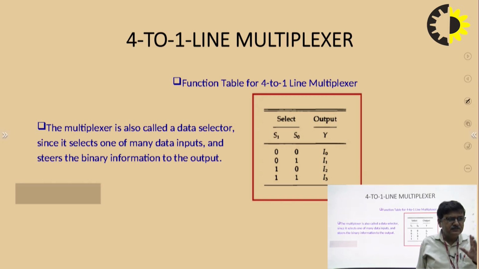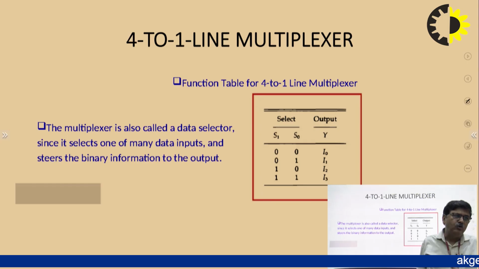Basically, these are the selections of the input lines that give the output. Therefore, the multiplexer is also called the data selector, since it selects one of the many data inputs and steers the binary information to the output.